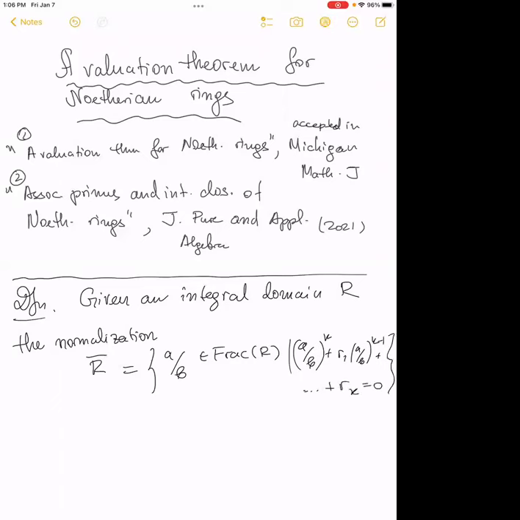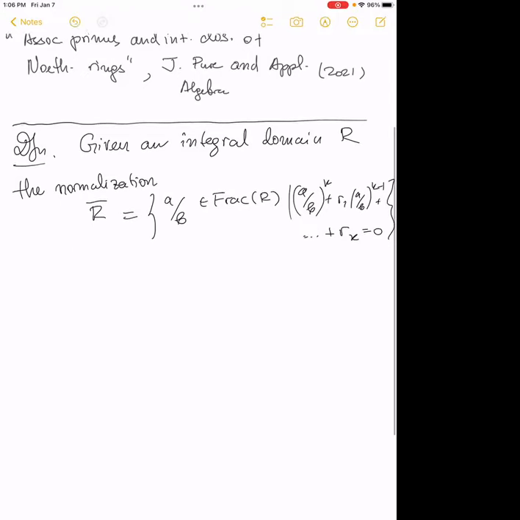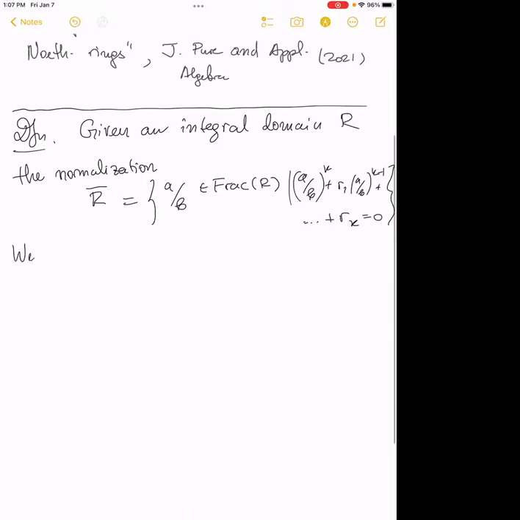We say that R is normal or integrally closed if R is equal to its integral closure. This is the classical notion.